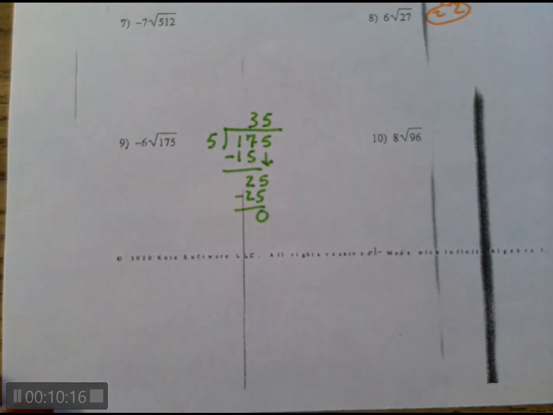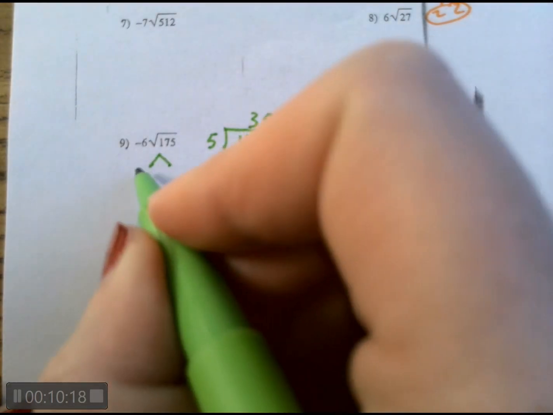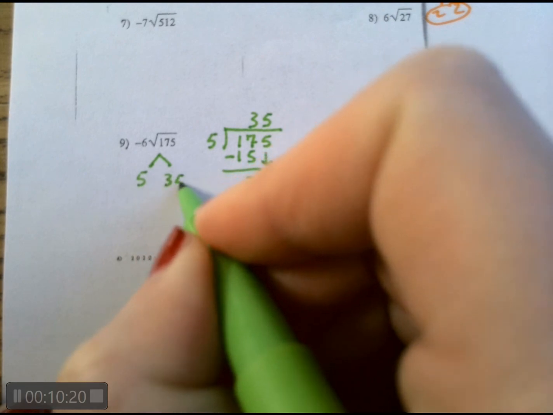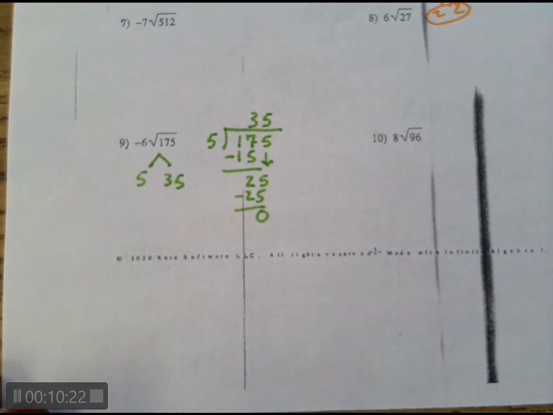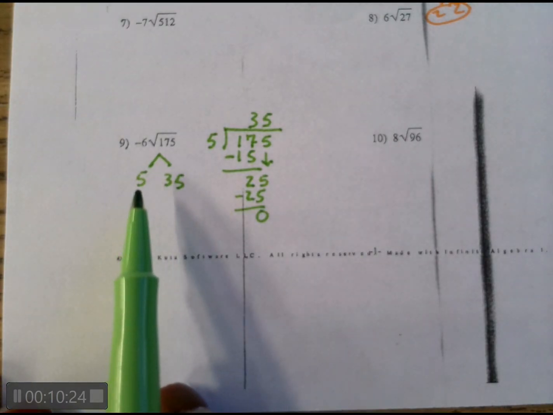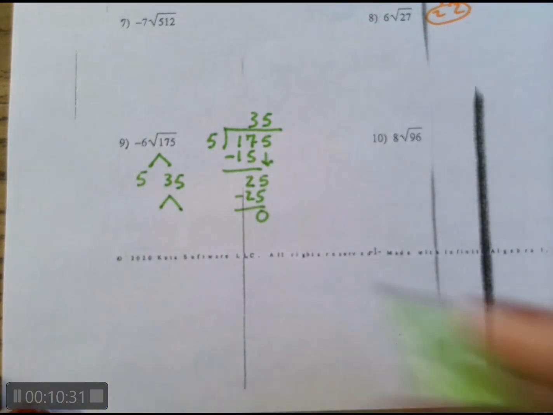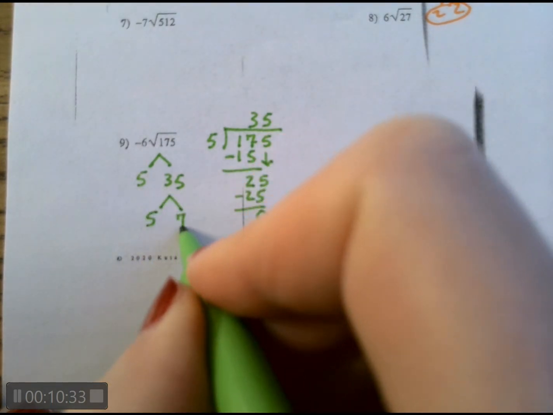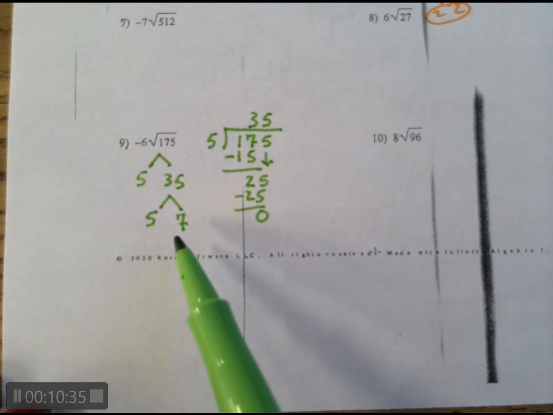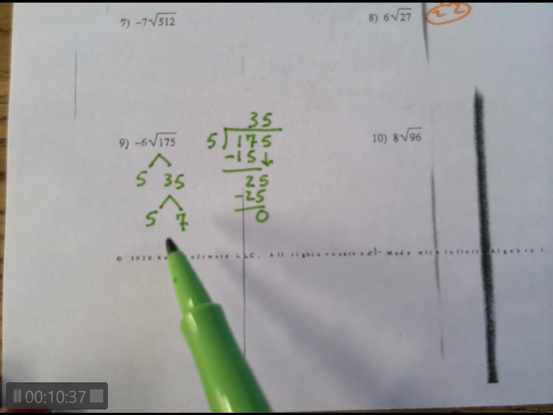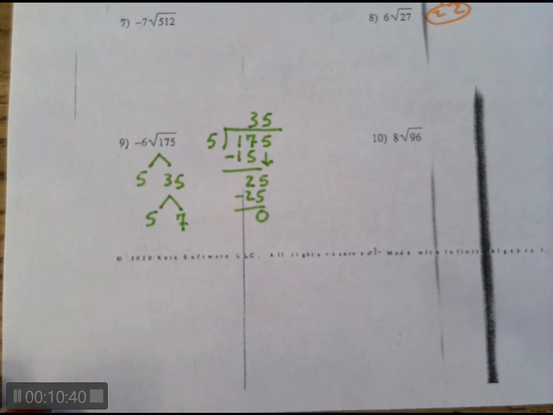Okay, so then my factors are going to be 5 and 35. Awesome. 5 is a prime number because the only numbers that stem from it are 1 and 5. 35, however, we have 5 and 7. 7 is also a prime number because the only numbers that can come from it are 1 and 7.